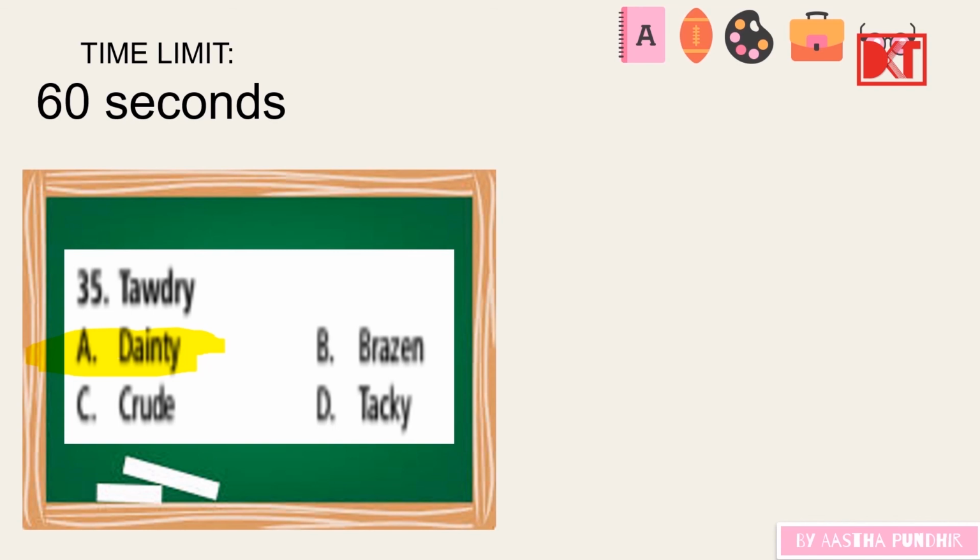The other words here, like brazen. Brazen is something, well, it is used when we talk about something that is made of brass, but otherwise we can say that it is bold and strong. Okay, then we have crude. Crude is something that is in its very native stage, which is not really processed yet.